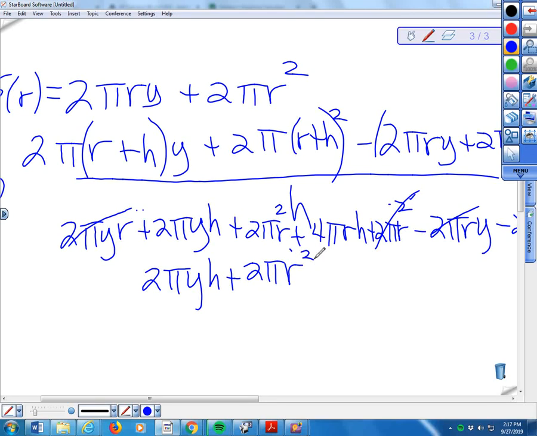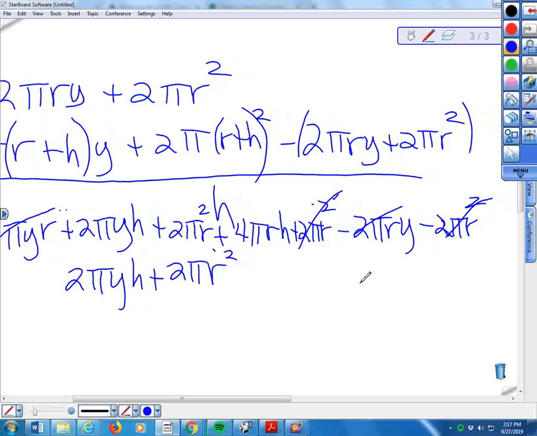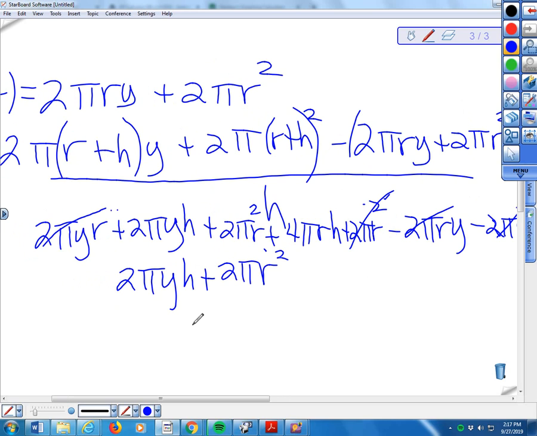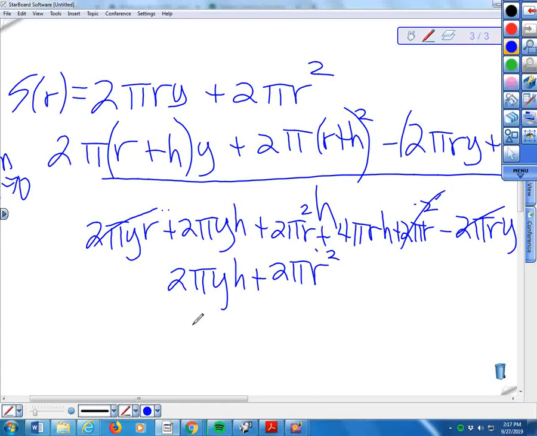Did that cancel with anything? I've really confused myself now. Minus 2 pi r squared. So I have two 2 pi r's. 2 pi ry, 2 pi hy, that's that. 2 pi times r squared plus 4 pi r plus 2 pi h squared.